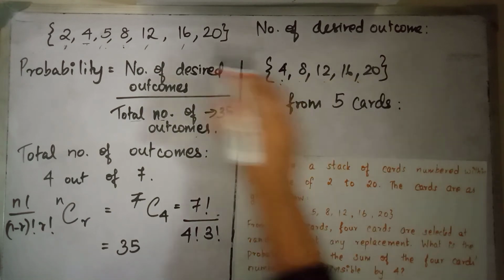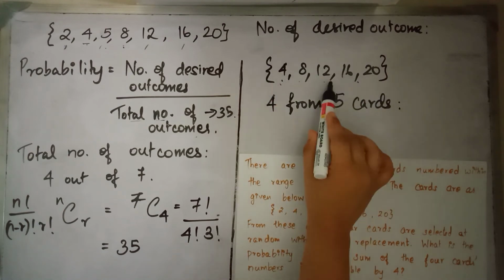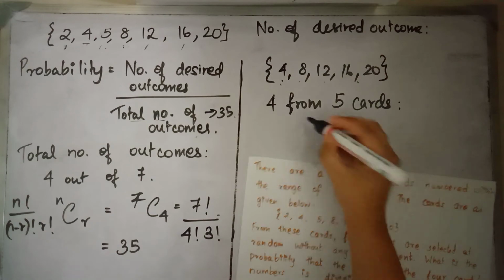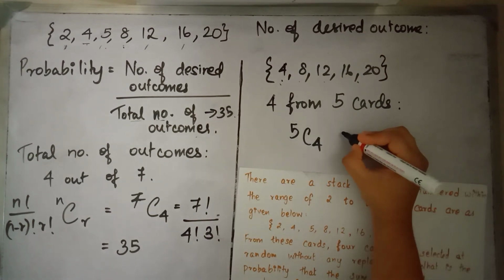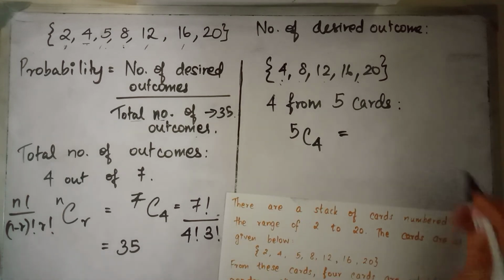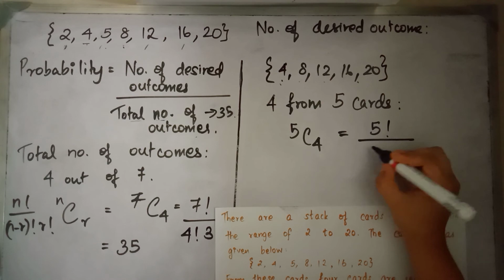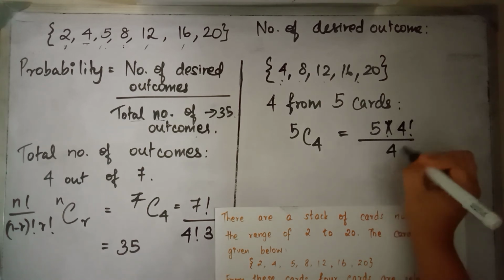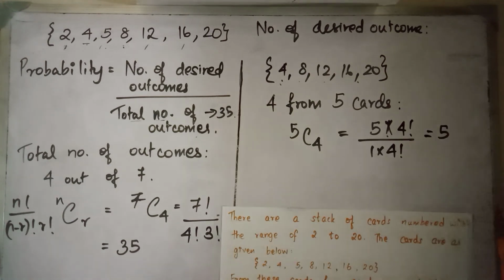We have narrowed down these 7 cards into 5 cards, because only if I choose from this set will it give us a desirable outcome. So we will have 5 combination 4. This will give us 5 into 4 factorial over 4 factorial into 1, so it will give us 5 itself. So we have 5 desirable outcomes.